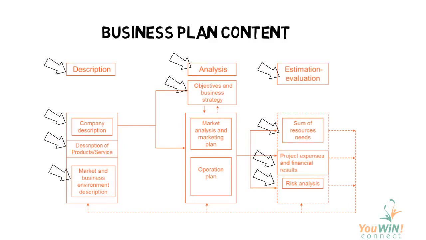It's important to note at this point that the details shown in the business plan is dependent on what the business plan is designed to do and who the reader is.